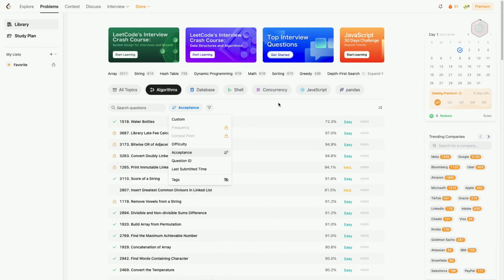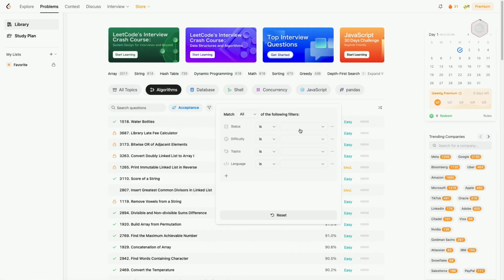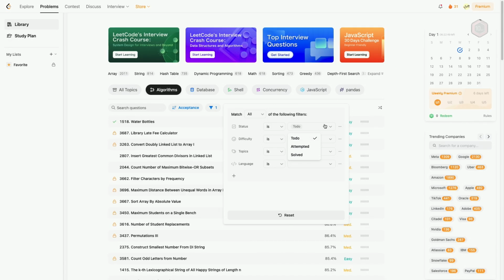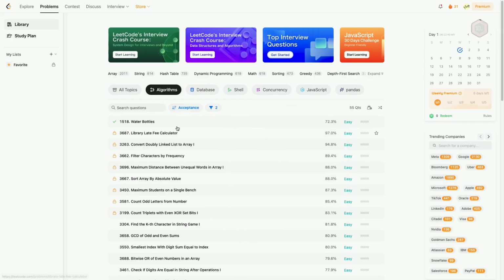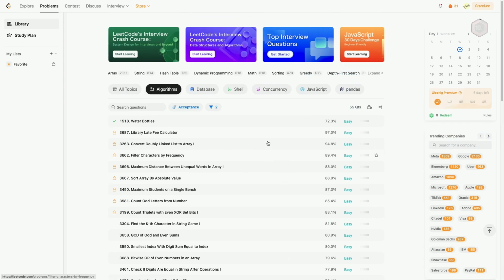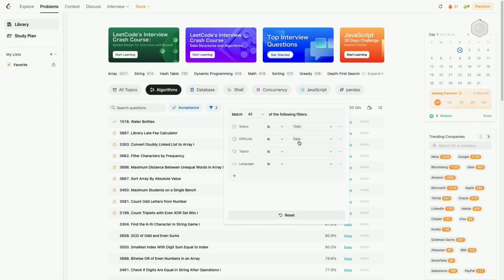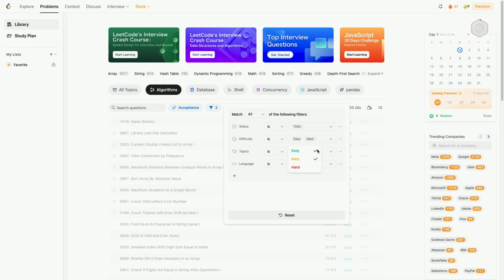That's the first thing you do. And you pick your difficulty. If you're a beginner, just set it to easy difficulty. The higher the acceptance rate is, the easier these problems are, the fewer gotchas they have. And then you just go down the list, get a feel for it, implement some solutions. And when you feel ready, you switch that to medium and you do the same thing.